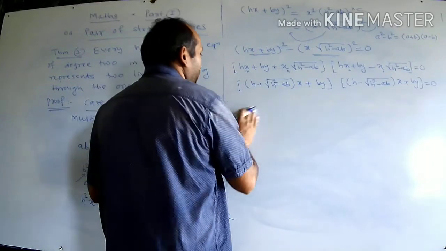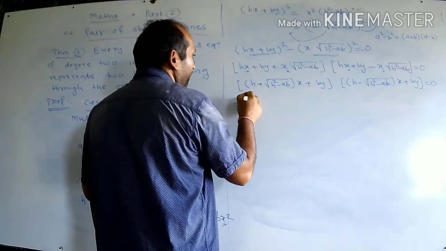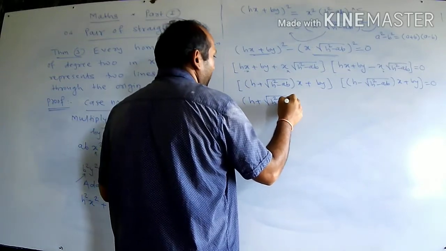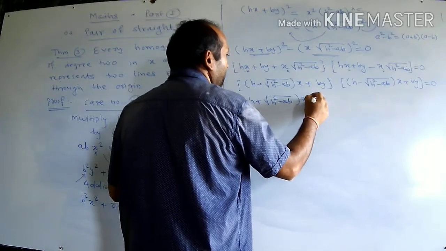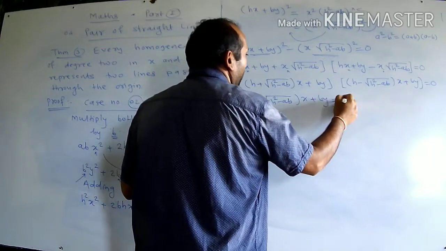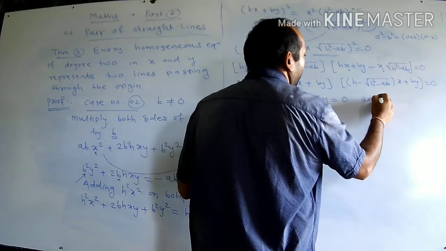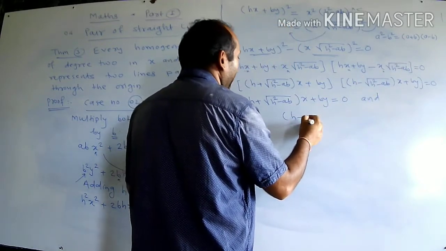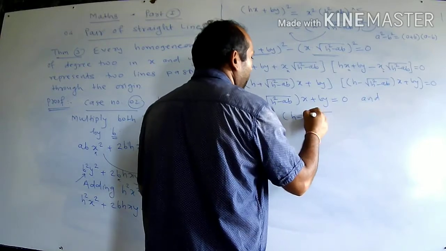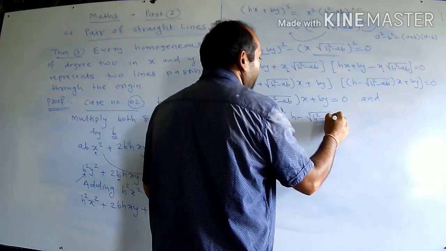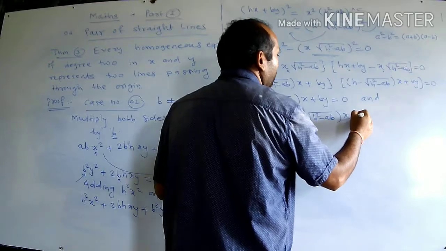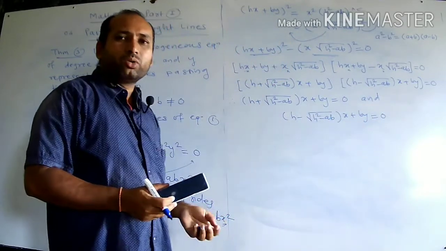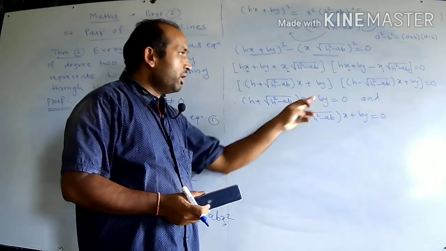Again the product of two brackets is 0. That means either the first bracket is 0 or the second bracket is 0 or both brackets are 0. So therefore h plus under root of h square minus ab into x plus by equal to 0, and the value of the second bracket is also 0. So h minus under root of h square minus ab into x plus by equal to 0.